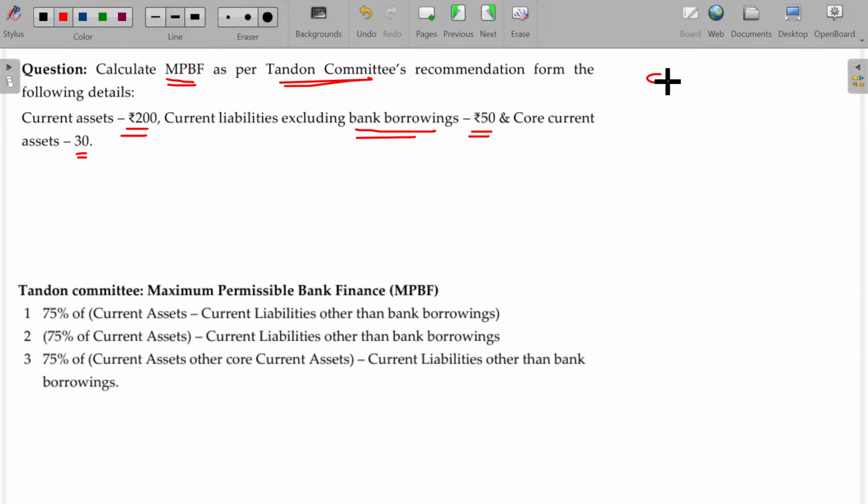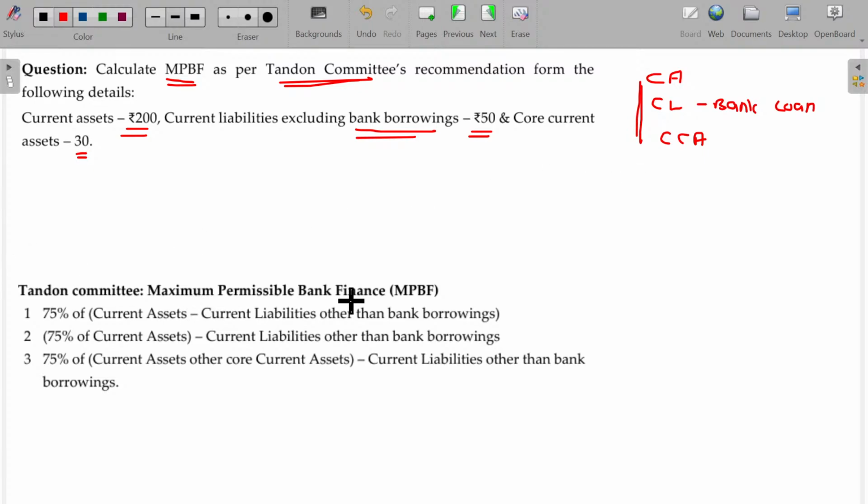So three terms are very important. One is current assets. Another is current liabilities, which should not include bank loan, because we approach for a bank loan only. As we approach for the bank loan, there should not be an existing bank loan. So you have to remove that, and core current assets. These are the three details we need for determining maximum permissible bank finance.